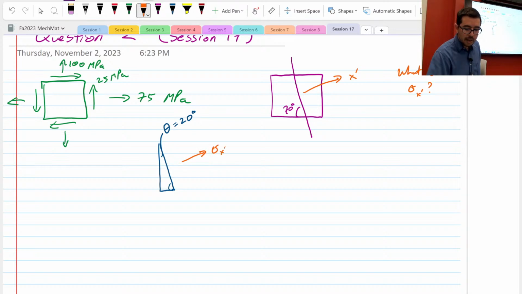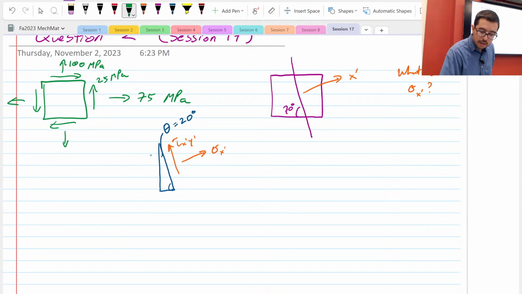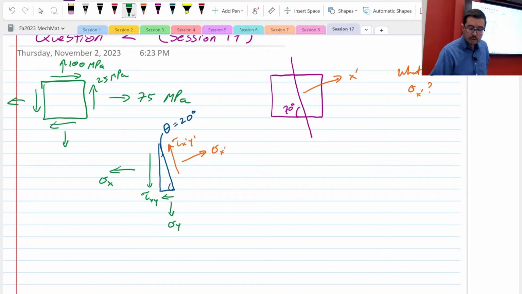Okay. So I've got my sigma x prime coming out of here. I have a tau x prime this way. Okay. I had in the past my tau xy and my sigma x like that. Okay. So I've now got to do the equilibrium.